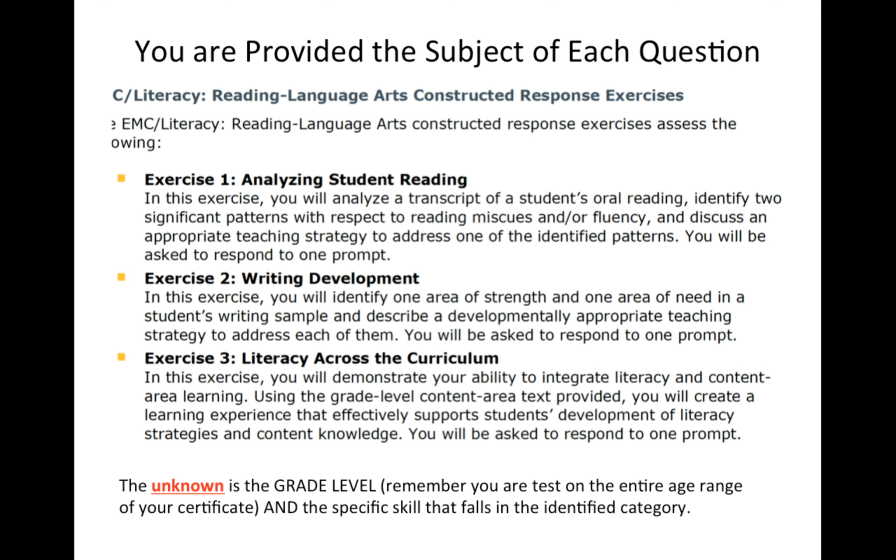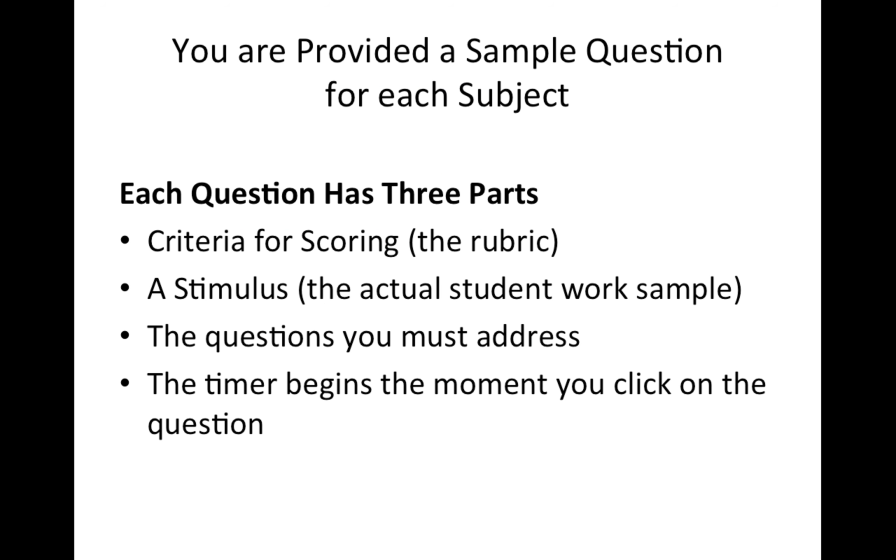That will be the unknown. What you do know is that exercise 1 will be analyzing student reading. Exercise 2 will be writing development. Exercise 3 will be literacy across the curriculum, okay? And the rubrics for those questions will remain the same. So again, there's a lot we can do to prepare, and we'll talk about that. Let's keep going.